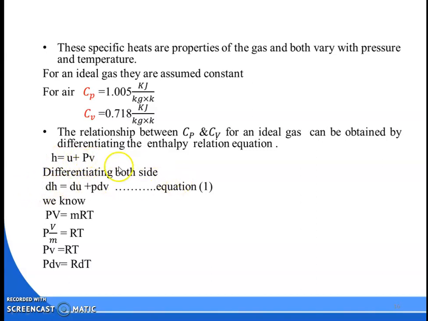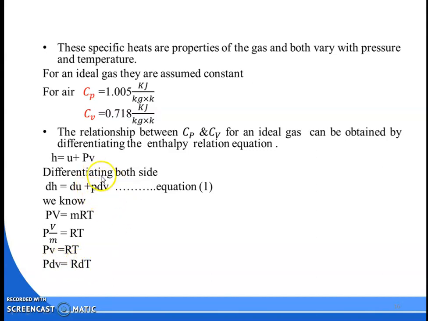If I differentiate both sides, dh is equal to du plus P dv. Then we know that PV is equal to mRT, so PV by m is equal to RT. What is V by m? Specific volume. So Pv is equal to RT. If I differentiate, then P dv is equal to R dT, as R is constant.